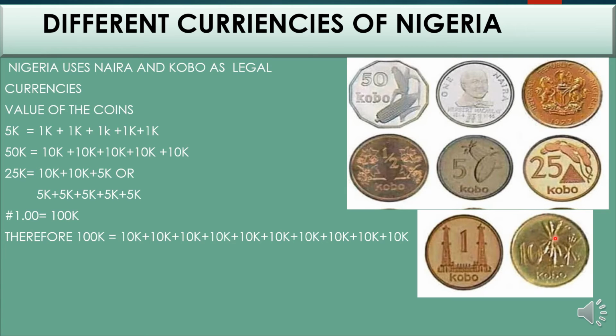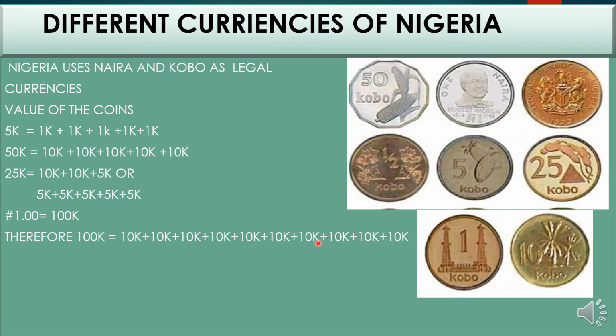Please follow the pointer. This is our 10 kobo. That means these 10 kobo, I'm going to bring out 10 of them to be able to get 1 naira. There are 10. Let's count. 1, 2, 3, 4, 5, 6, 7, 8, 9, 10.